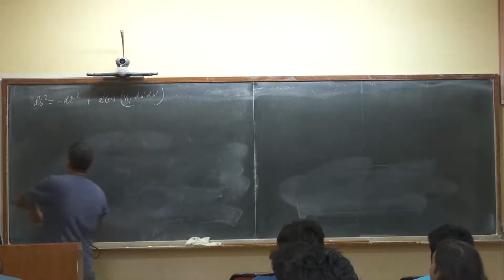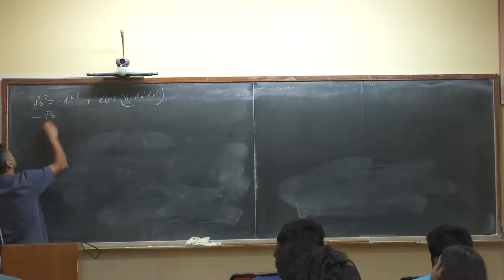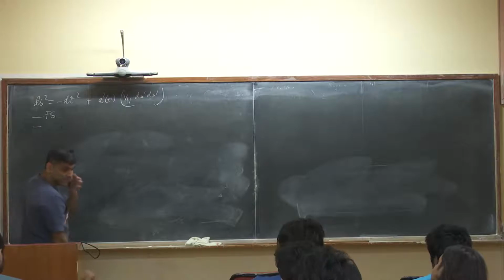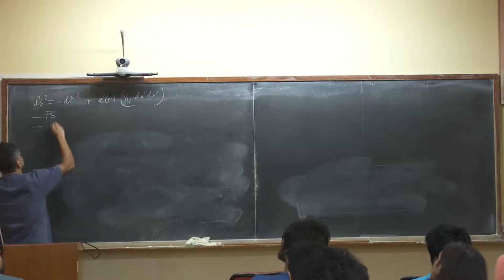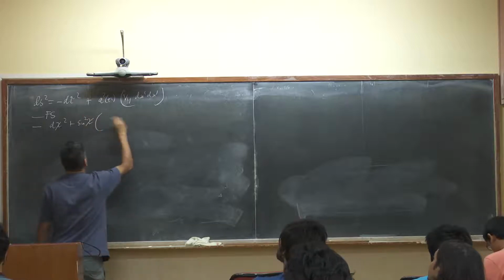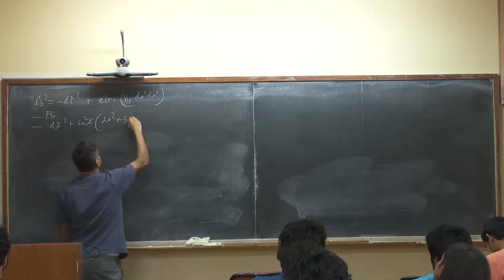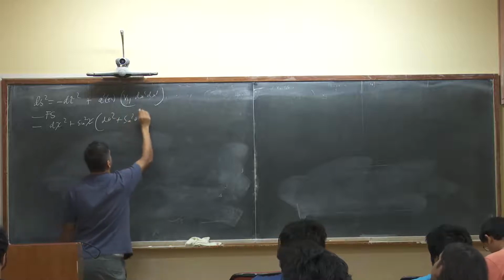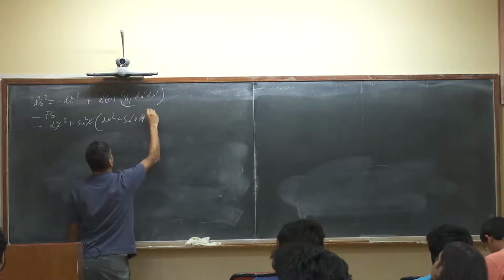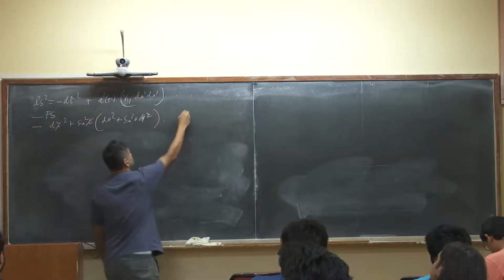for this space. The simplest was just flat space, which I'm not going to write down. And there was the sphere, the S3, which was d chi squared plus sine squared chi into d theta squared plus sine squared theta d phi squared. This was unit S3.